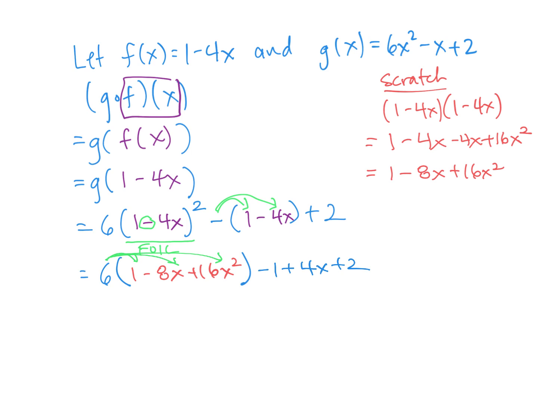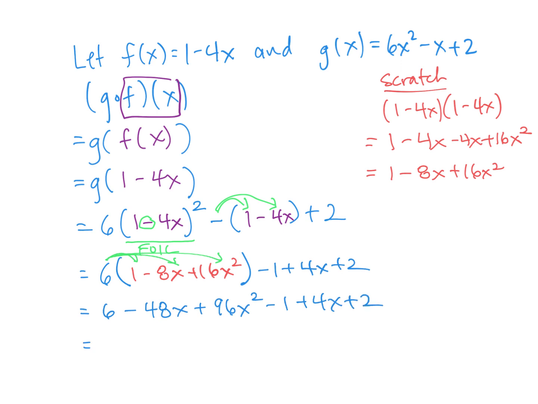So this is going to equal 6 times 1 is 6. Minus 6 times negative 8x is minus 48x. Plus 6 times 16 is 96x squared, minus the 1, plus the 4x, plus the 2. We got rid of parentheses.